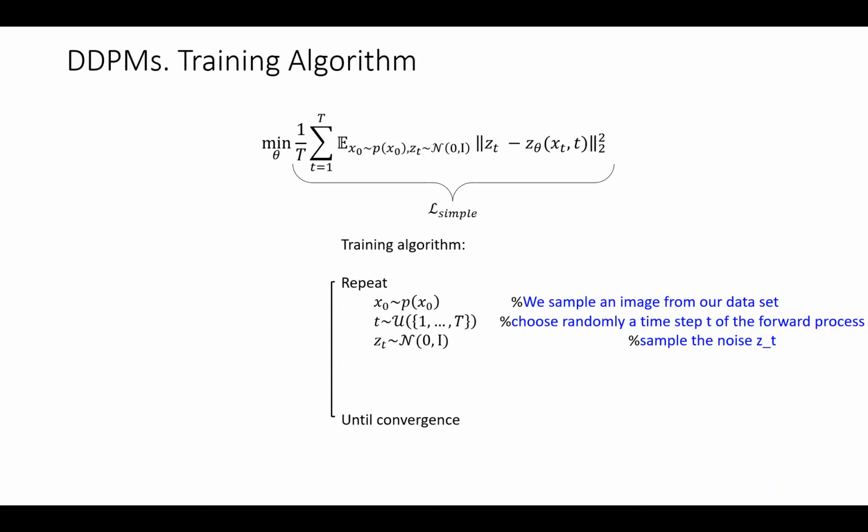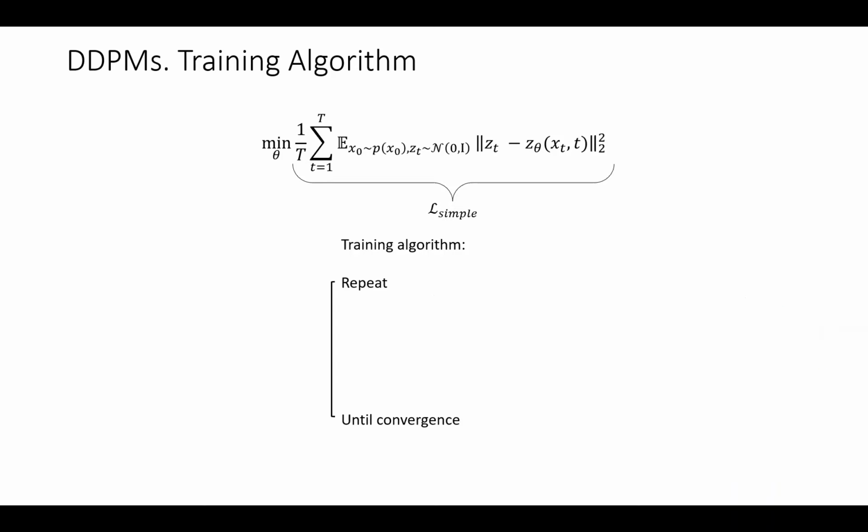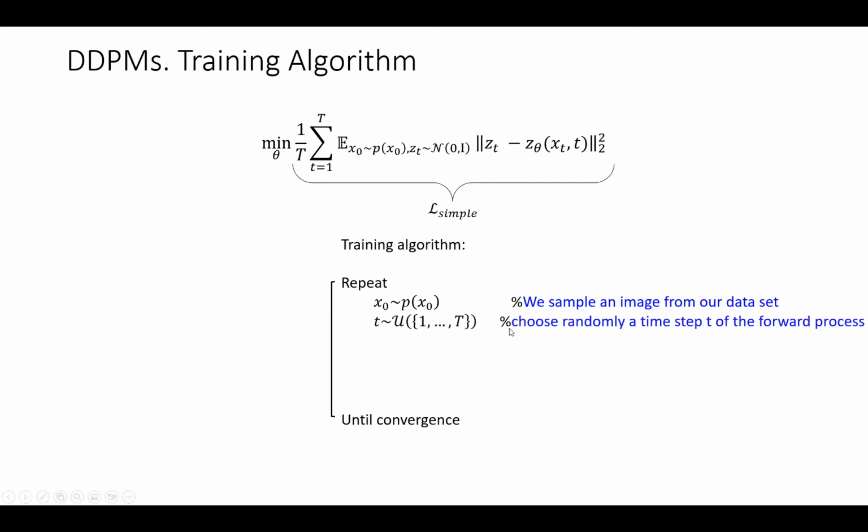Okay, so let's continue this, again in a little more detail. We sample an image from our data set, which is X0, and we randomly choose a time step T of the forward process, and then we sample noise from the normal distribution, and we generate XT using this, which involves the ZT and X0, the original initial one, and that will be a noisy image.